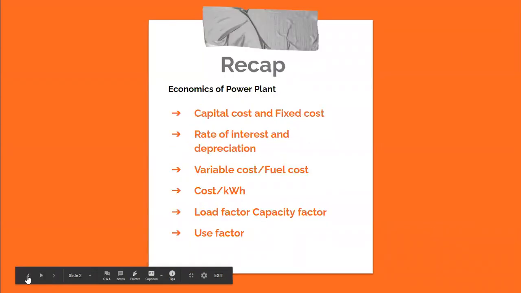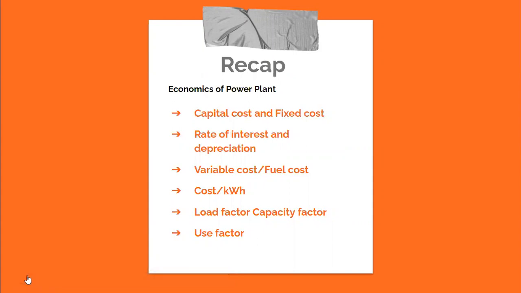In the earlier lecture series, I talked about the concept of capital cost, which plays an important role in deciding the cost of electricity generated. Capital cost is the initial investment made in the power plant, and using the capital cost and knowing the rate of interest at which the capital is borrowed would decide the fixed cost.